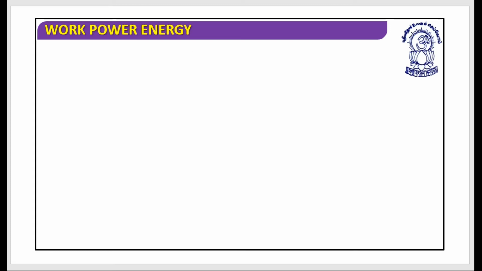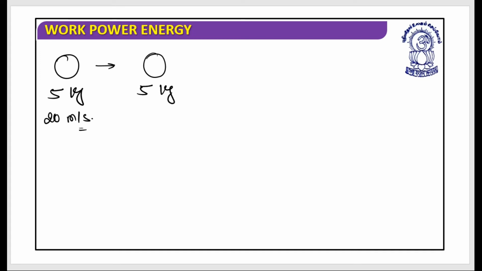Let's have a look. The question is: let's suppose this is an object having mass 5 kg, with a velocity of 20 meter per second. It is going to hit this object which has the same mass, 5 kg, but is initially at rest.